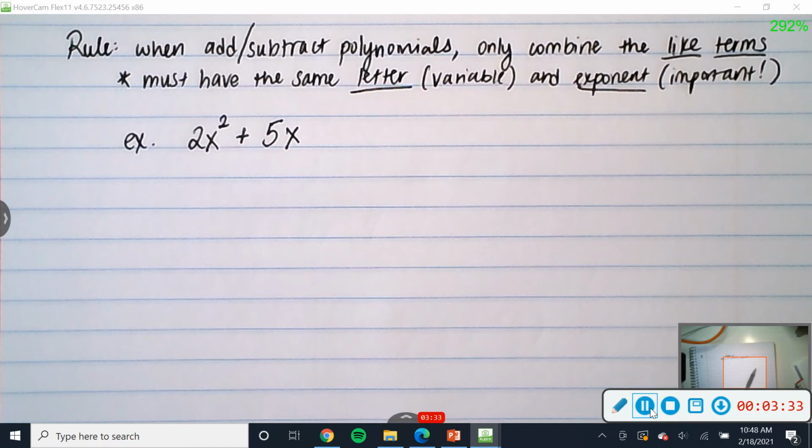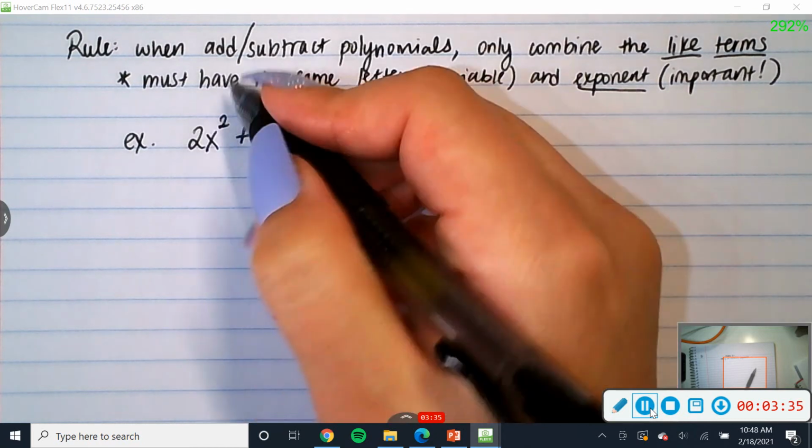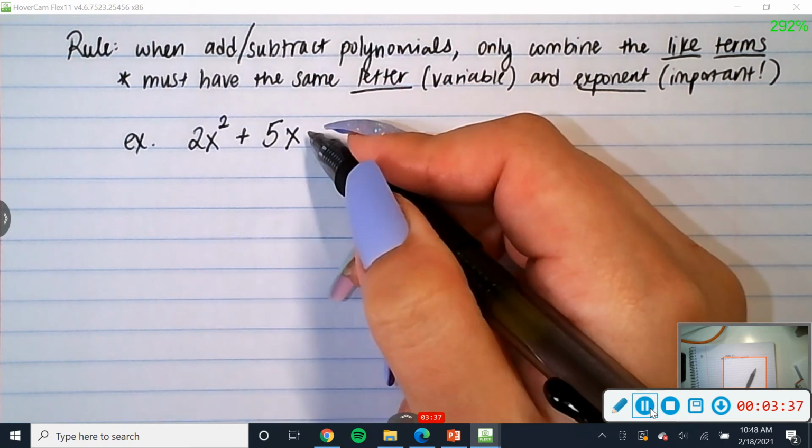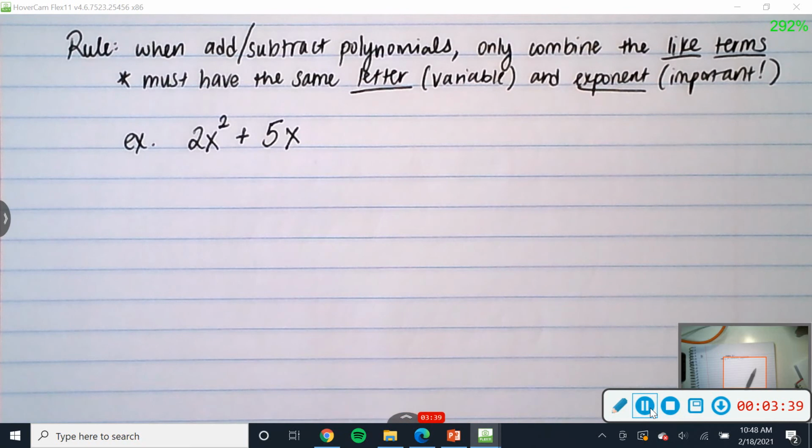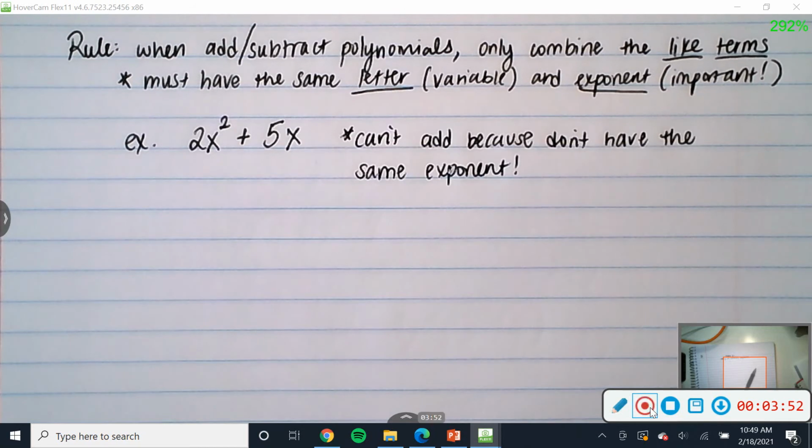The reason why we can't add them together is because of the exponent. We have a 2 here, and then this one doesn't have an exponent. If they don't have matching exponents, do not add or subtract them together. They must have the same exact exponent in order for you to do anything. So keep this rule in mind when you are doing the problems today.